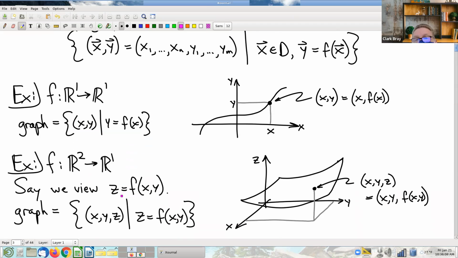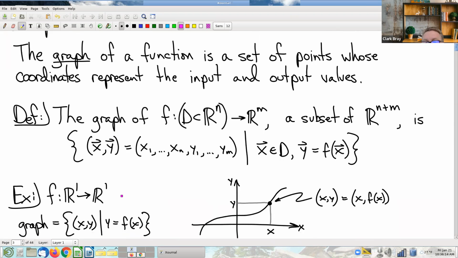Oh, question, yeah. So why is it a subset of R to the n plus m? Oh, yeah. Great question. Okay, so she asks, what's going on here? So looking in general, you see our domain has n coordinates, so there are n coordinates that come from the domain.